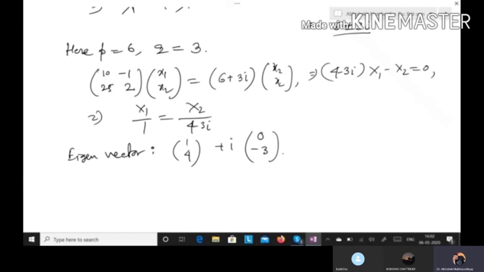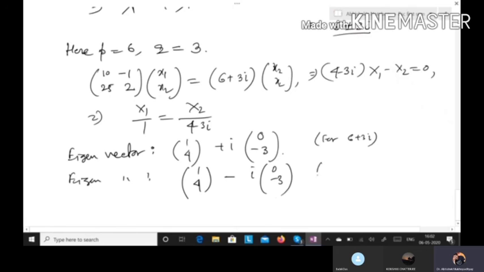And for the second one, for 6 minus 3i, the eigenvector will be (1, 4) minus i (0, -3).